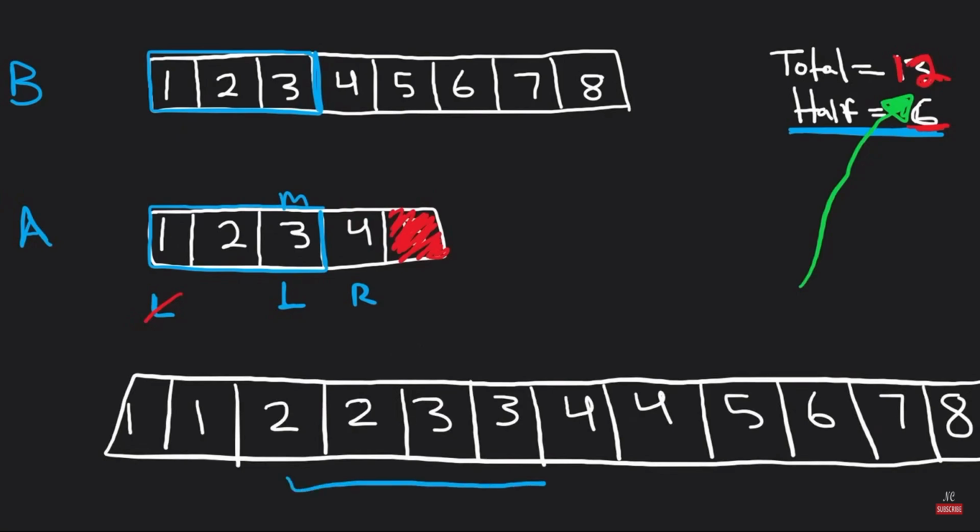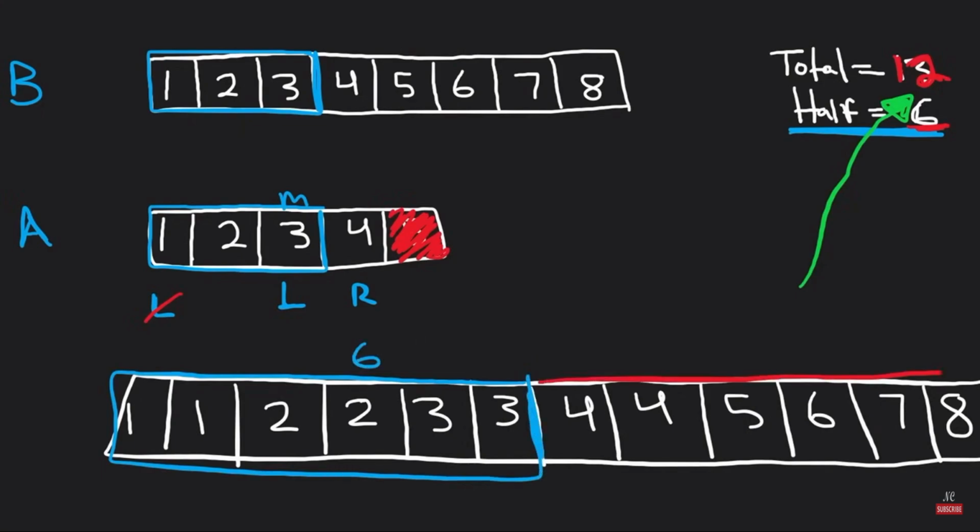So this is how the sorted array would look if we merged these 2. And we can see that, look at our left partition. We have 1, 2, and 3. So this is our left partition right now. It's size 6. This is our right partition. It's also size 6.